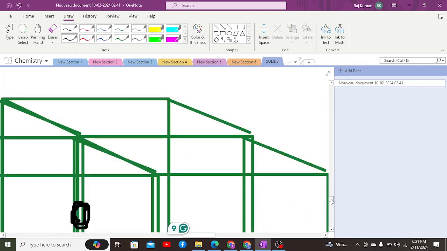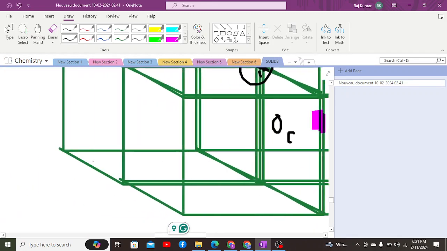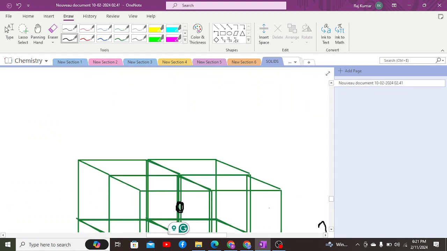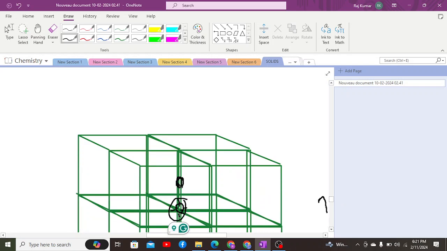Let's see. One edge of this cube, one edge of this front cube, one edge of this second front cube, and one edge of this cube from the three-dimensional view. These four edges are not properly shown within this diagram.